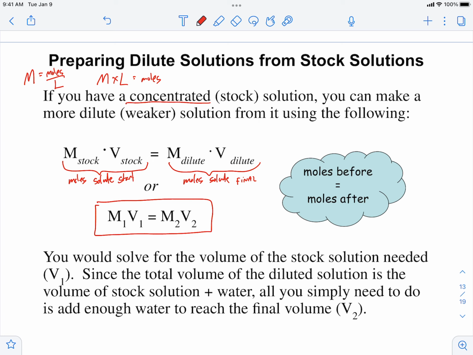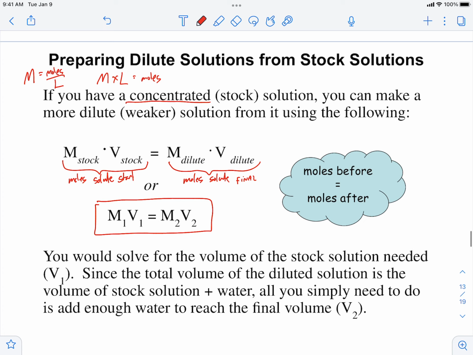So this takes on a form that is very similar to some gas laws that we saw, like Boyle's law, right? P1V1 equals P2V2. It's the same idea, it's based on proportionality. So in a situation where we are diluting a solution, the concentrated stock solution is usually known, right? And so the stock solution is usually this one.